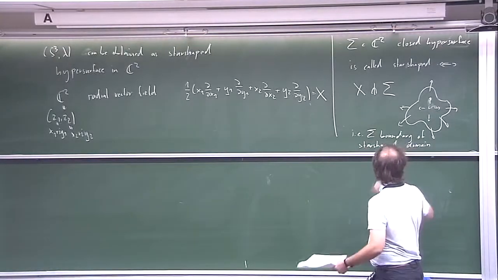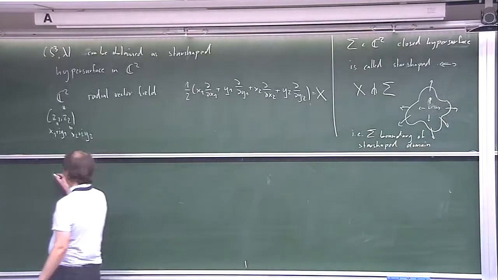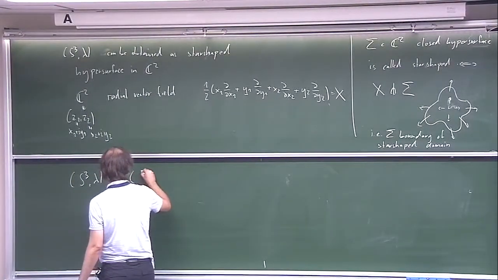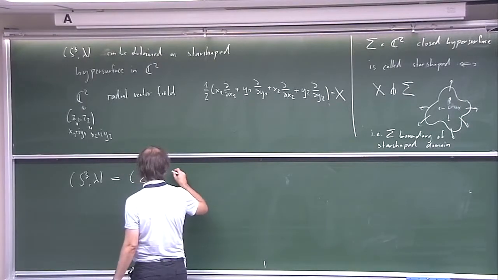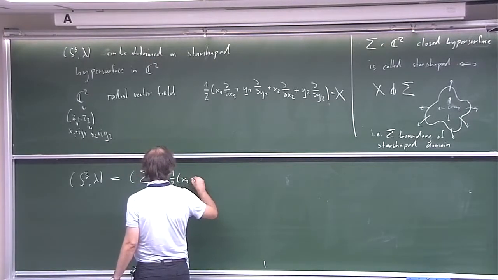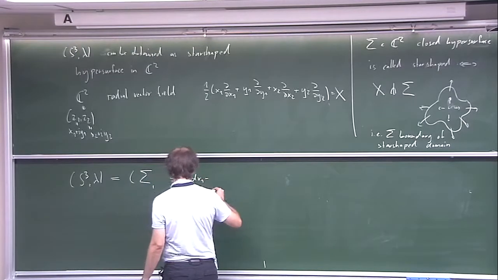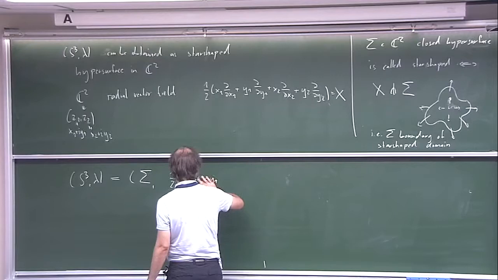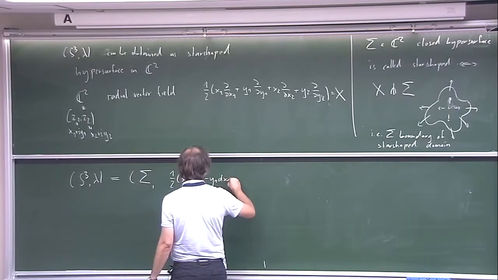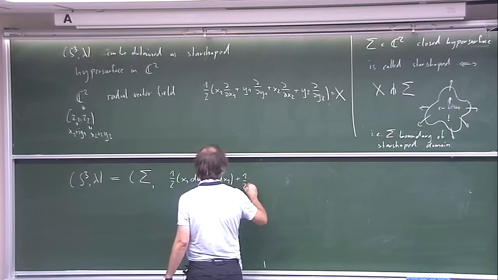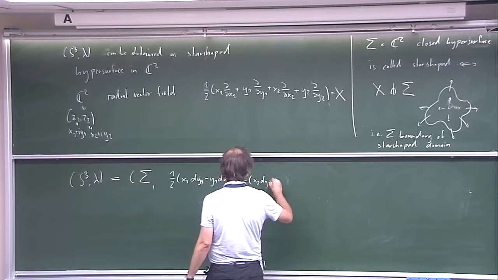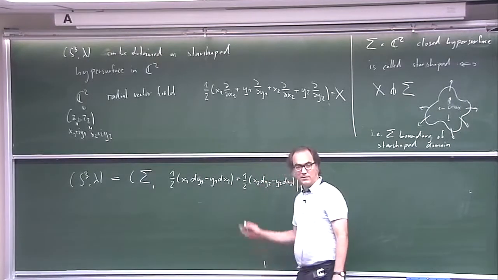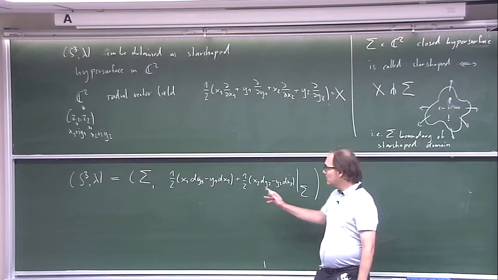So in particular, it's diffeomorphic to S3, and this S3 is contactomorphic to sigma, where you restrict the standard Liouville form, one half of x1 dy1 minus y1 dx1 plus one half of x2 dy2 minus y2 dx2, on C2 to sigma.